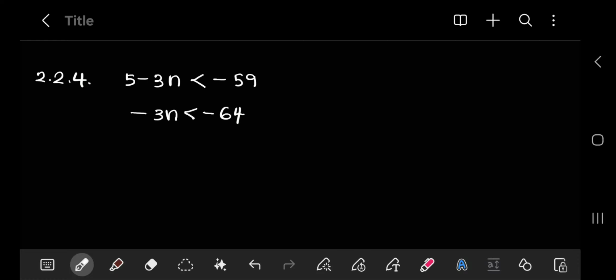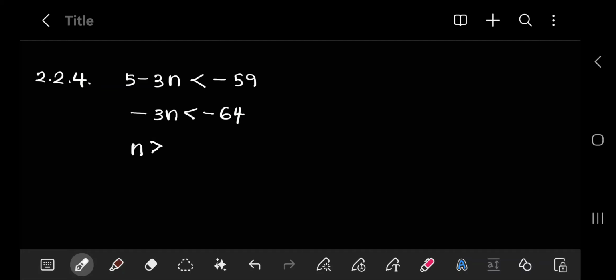Now to get n alone, we are going to divide throughout by its coefficient, which is negative 3. So on the left hand side, we have n. And then, very, very important, this is something you actually learned in primary school regarding inequalities. Whenever we divide by a negative value, the sign changes. So this is going to go from being a less than to being a greater than.